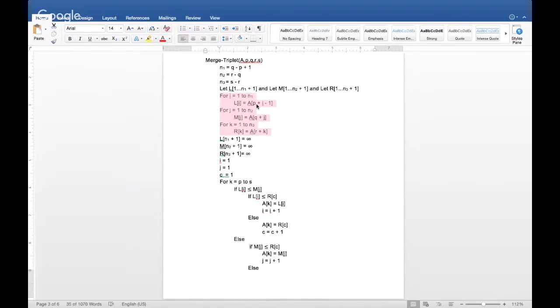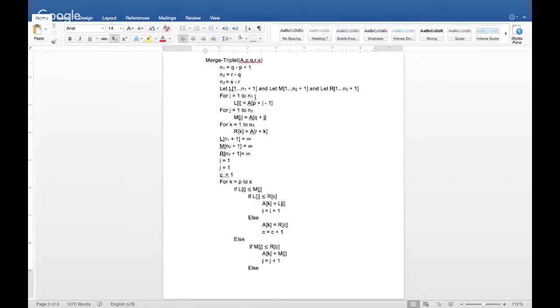We have the left array, which is called L, and for each element, we grab the values from the array A and add them into the L array.